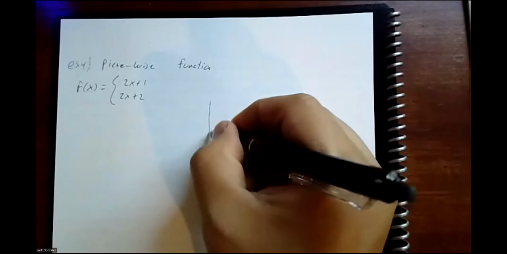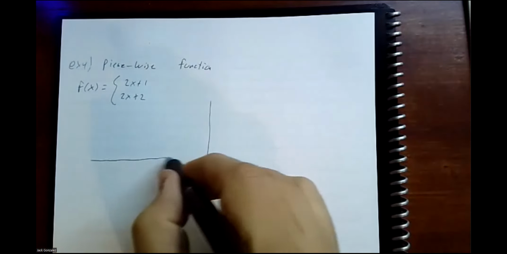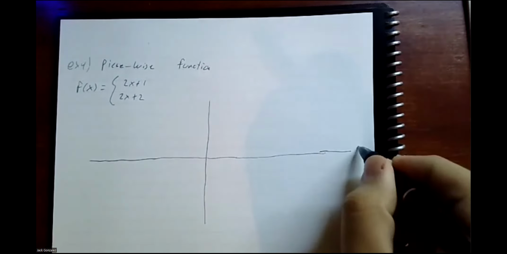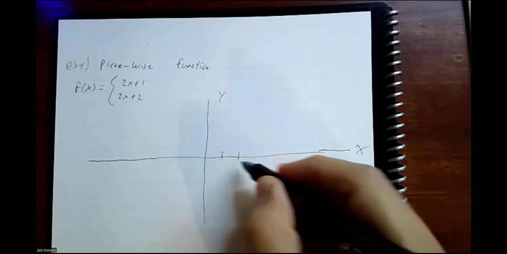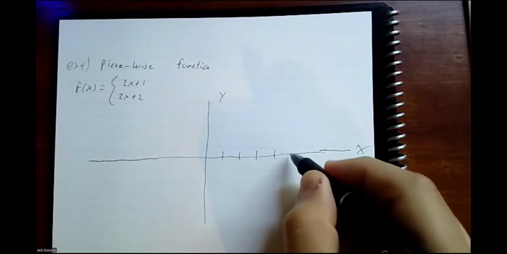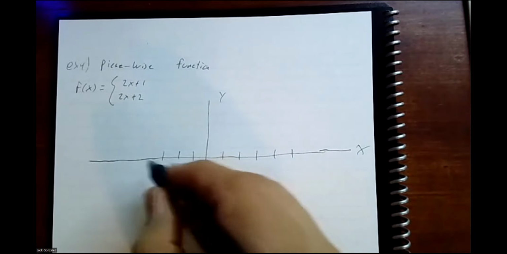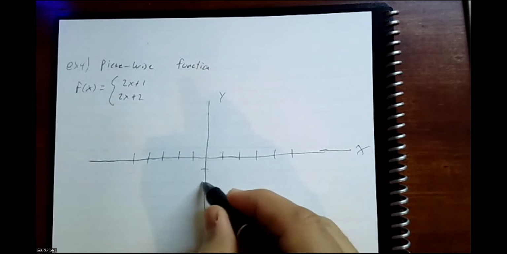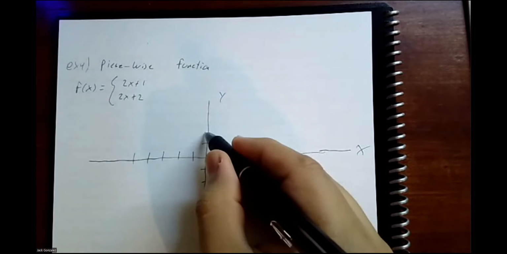So if we were to graph this, you can plug in any numbers you want, but we need at least 2 points to graph each line. So I'm gonna put 1, 2, 3, 4, 5, -1, -2, 1, 2, 3, 4, 5.